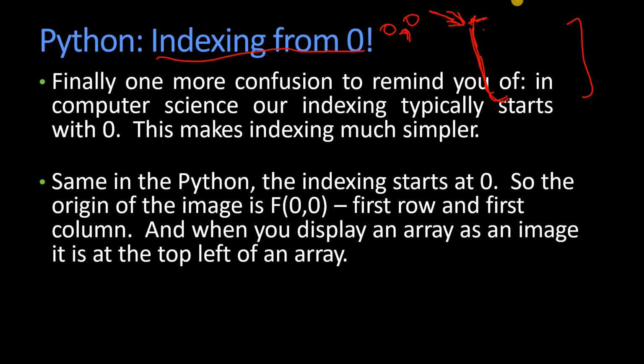In computer science, indexing typically starts with 0. In many other programming languages, I think in C++ also, indexing starts with 0. So in Python, the origin of the image is 0, 0.